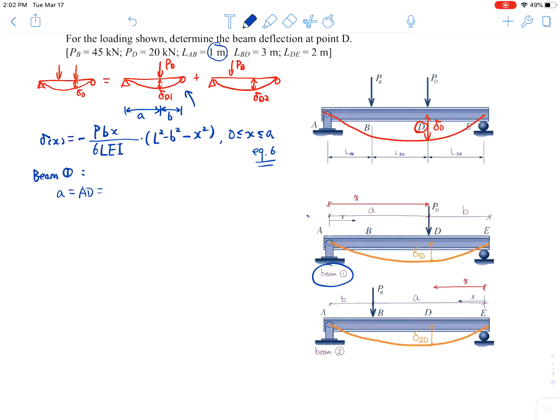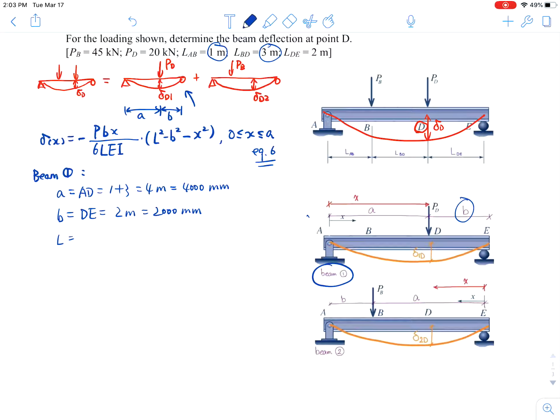AB is 1 meter, BD is 3 meter, so 1 plus 3 gives 4 meter or 4,000 millimeter. And B, as shown here, is just DE. B equals DE, so that is 2 meter or 2,000 millimeter.